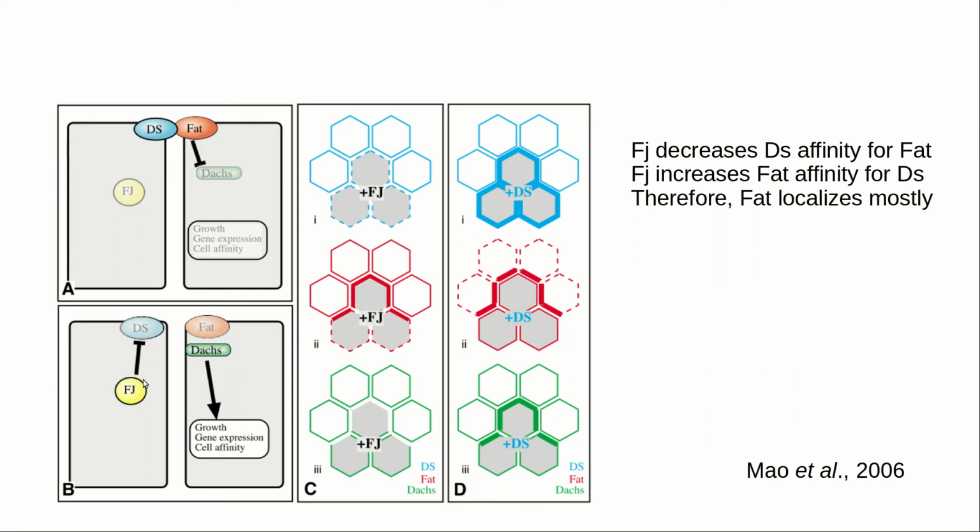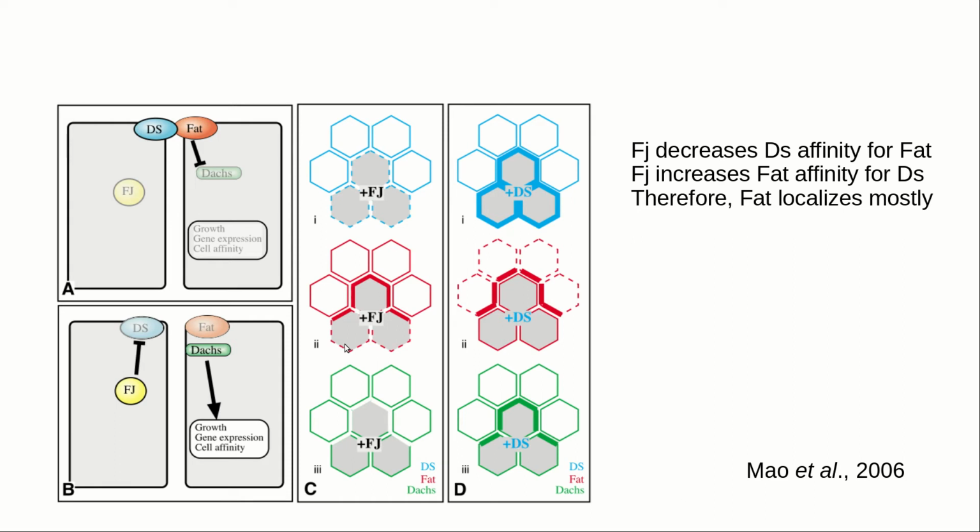Four-jointed decreases Dachsous affinity for Fat and increases Fat affinity for Dachsous. Then Fat can modify Dachs, which is the myosin responsible for the increase of tension in the cell border. So Fat represses Dachs localization in the membrane and also other effects, such as growth.